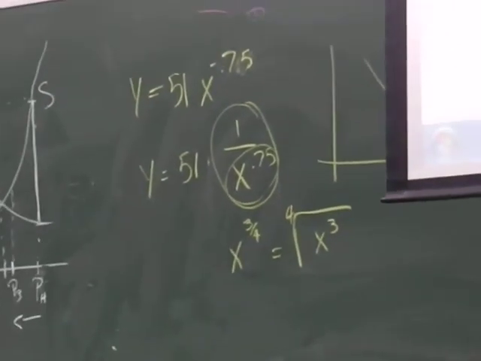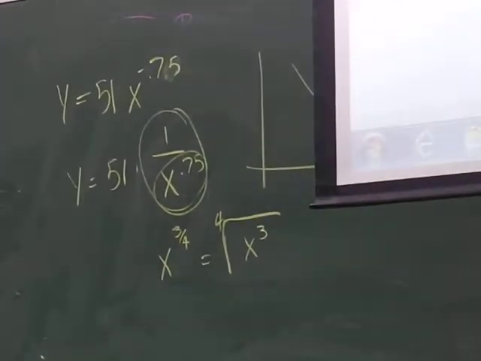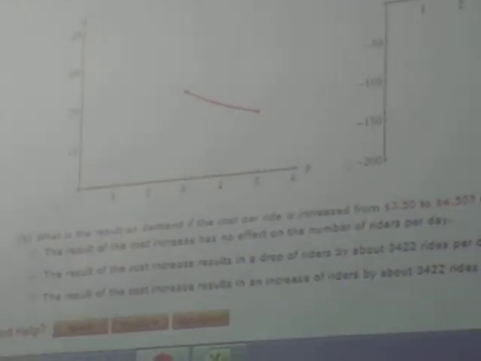All right, then we have to decide which of these is the best choice. Is this a good choice for this curve? Well, I hope not, because it's not even decreasing.